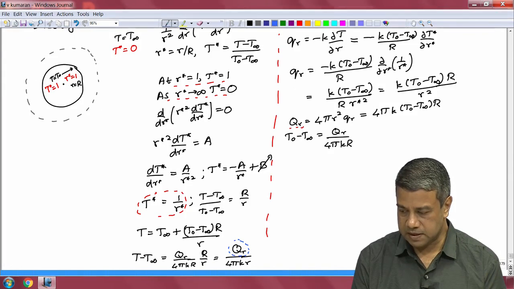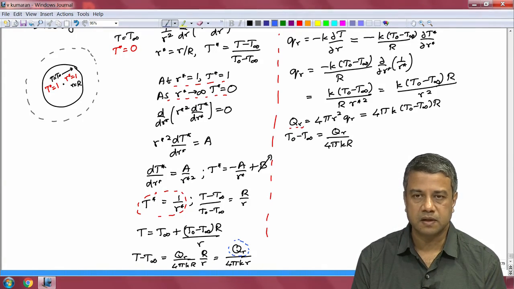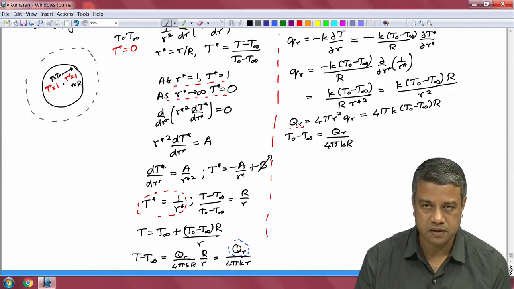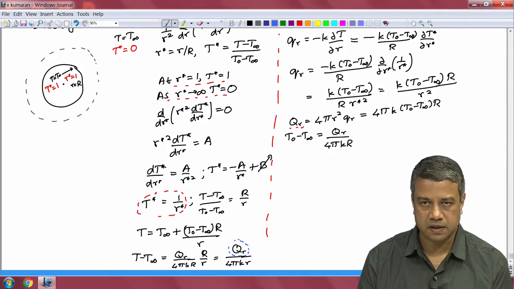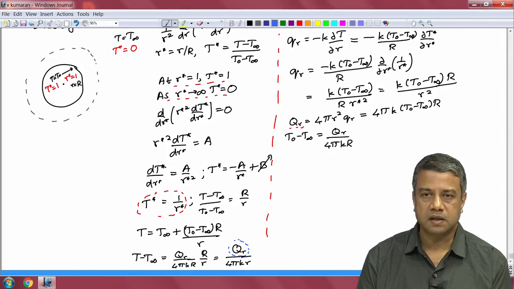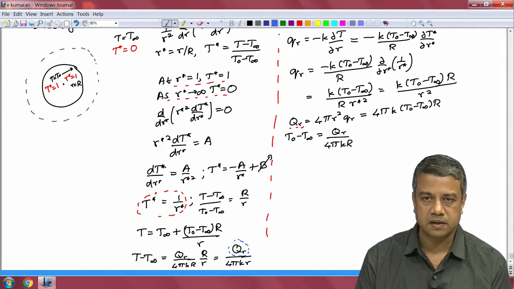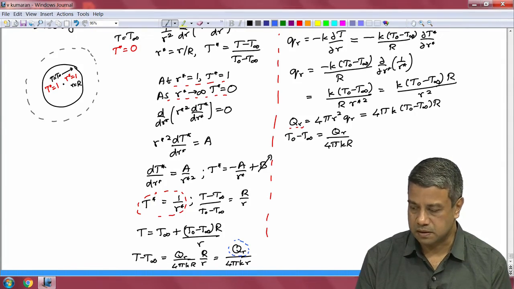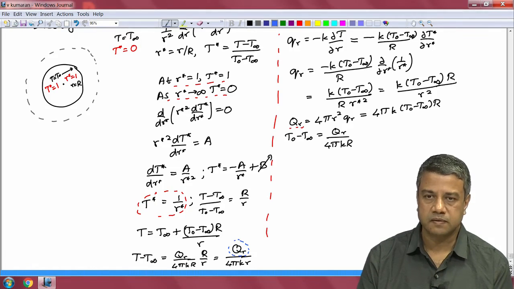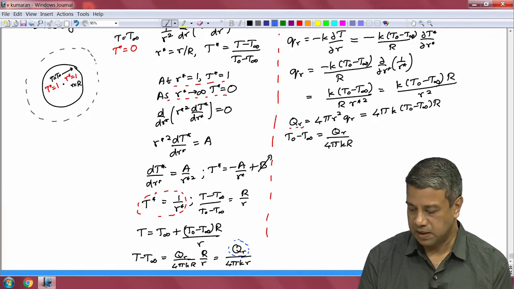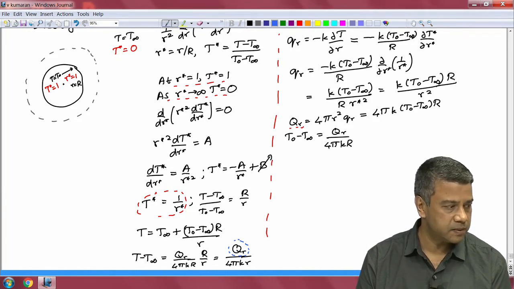What that implies is that even if I take the limit of the particle radius going to 0, when the particle shrinks to a point, so long as the heat transfer rate is the same, that is the total heat transferred from the particle per unit time, the temperature is the same.